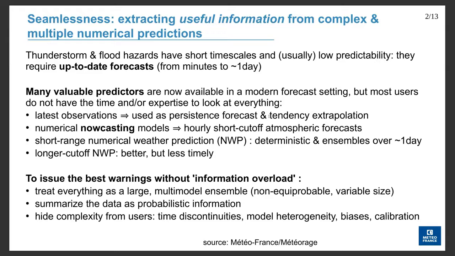These can be combined with conventional numerical weather prediction and longer range forecasts. Usually the forecasts from NWP with longer cutoffs will have better quality, but they will be less timely, so they may or may not be useful for nowcasting.